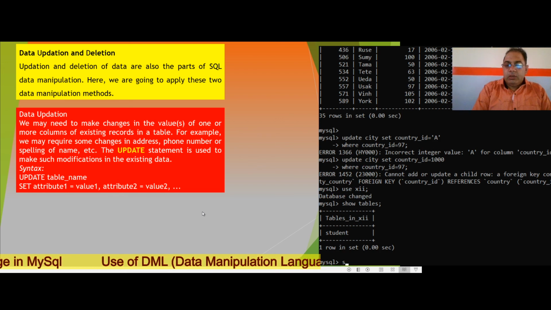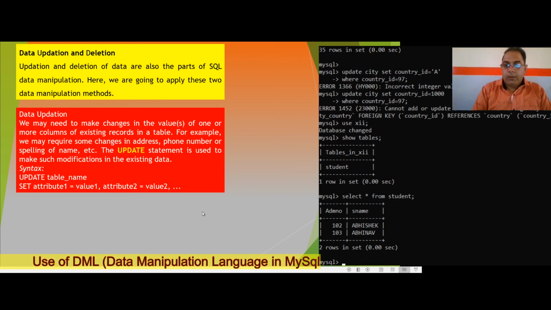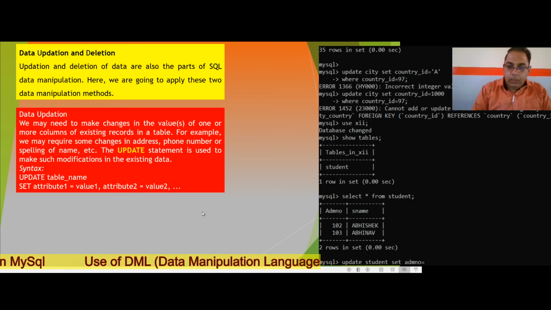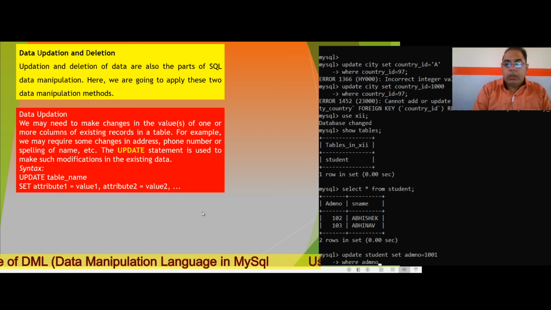I will just show the table student here, and I want to update the value from here, like update student set admission number equal to 1001 where admission number equal to 102.